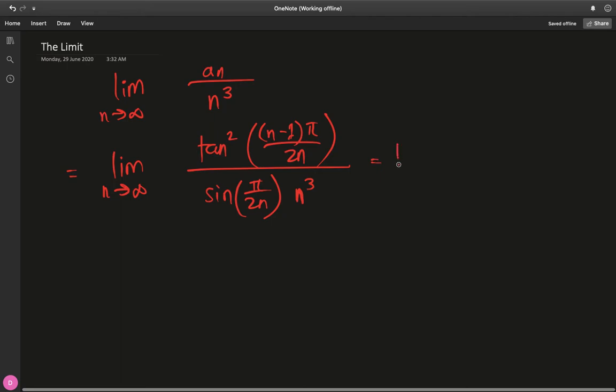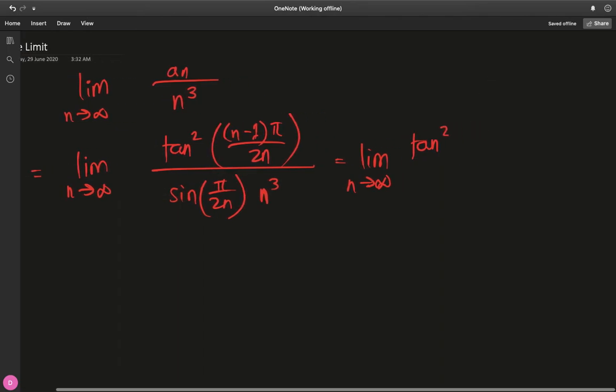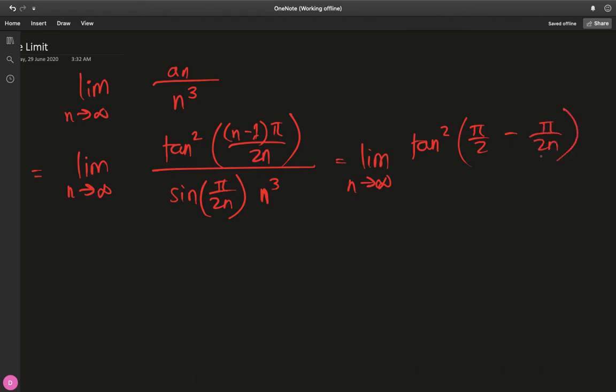One thing we can do is simplify the innards of the tan squared a bit. With n pi over 2n, the n's will cancel out, giving pi over 2 minus pi over 2n, divided by the denominator as it is, sine of pi over 2n times n cubed.